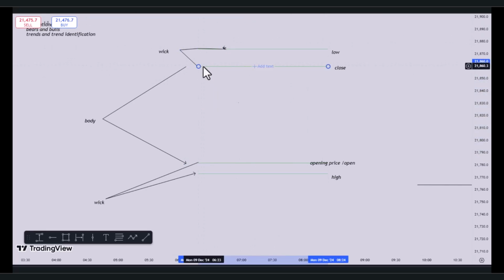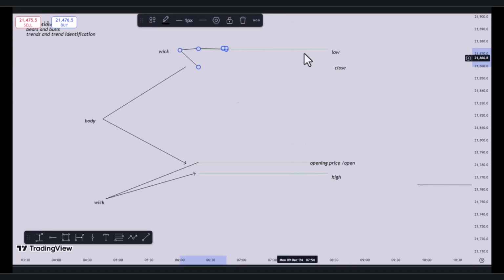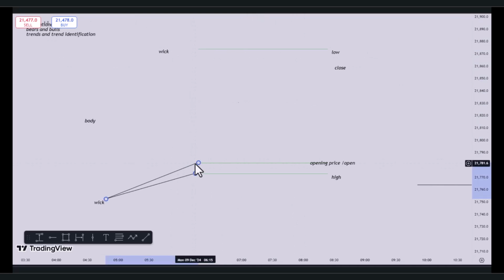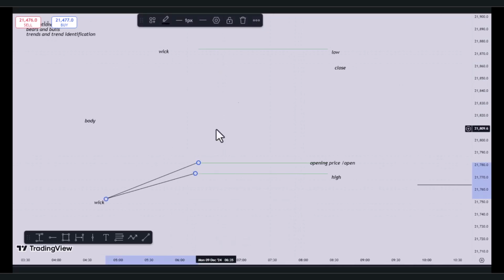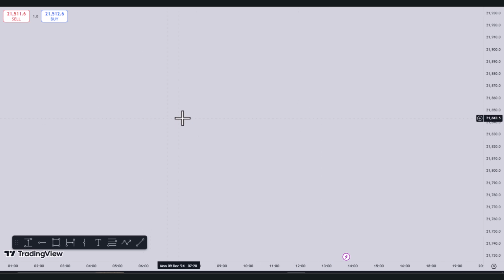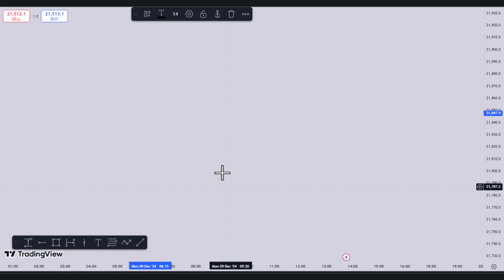Remember, we first introduced bulls and bears, and that's because we are going to be using those terms, like bullish, bearish. We want to look at trends. There are two main kinds of trends.